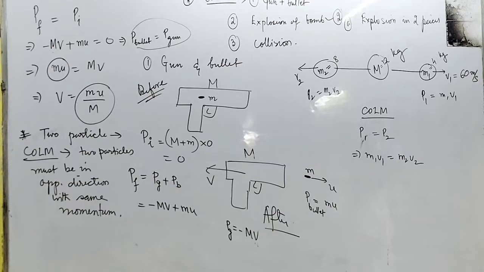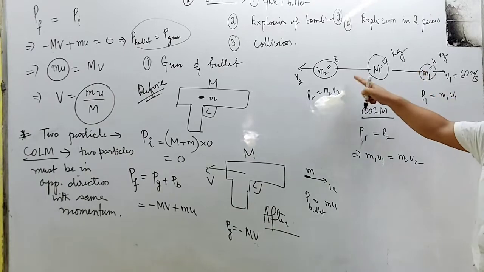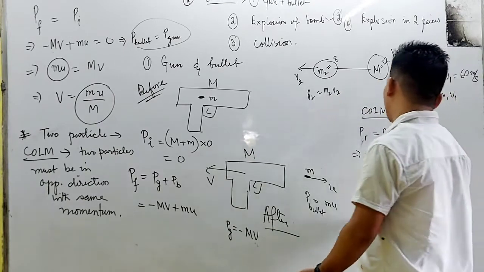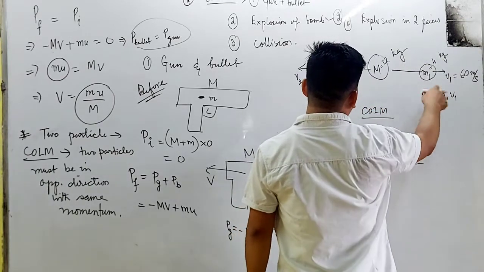The concept is this: the smaller fragment is moving with 60 meter per second. Then what will be the velocity of the larger fragment? The bigger fragment's velocity is half. For 40 and 80, simply put 4 and 8. Momentum conservation gives M1 V1 equals M2 V2.